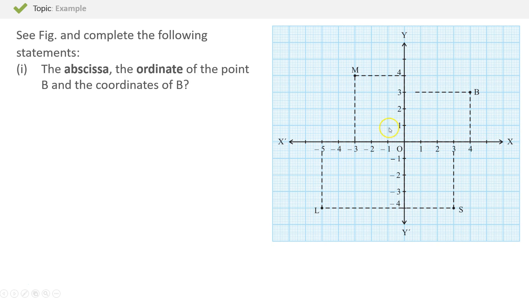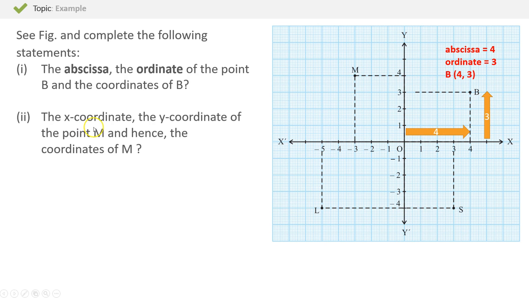This is positive x-axis, this is negative x-axis, this is positive y-axis, this is negative y-axis. Now, try to identify how you will represent B. You can see abscissa for point B is 4, because in order to go to B, I have to go 4 points this side, and then I have to go 3 points up, which is my ordinate, and hence B can be represented as (4, 3).